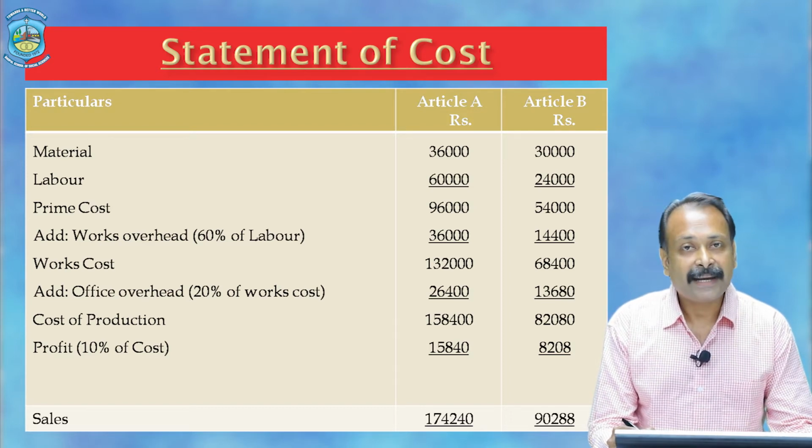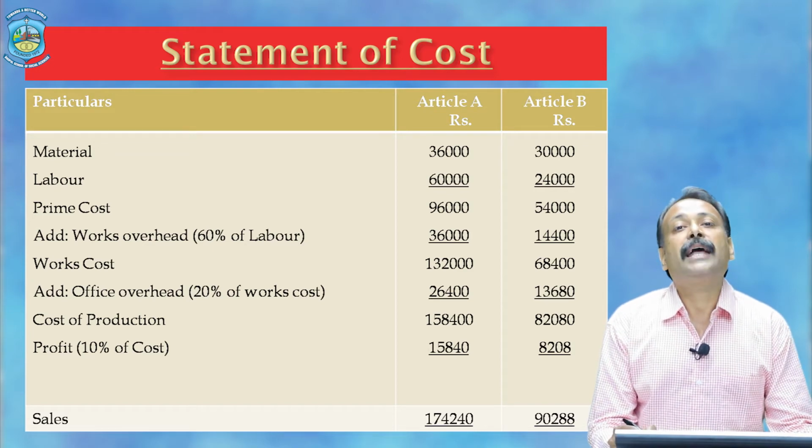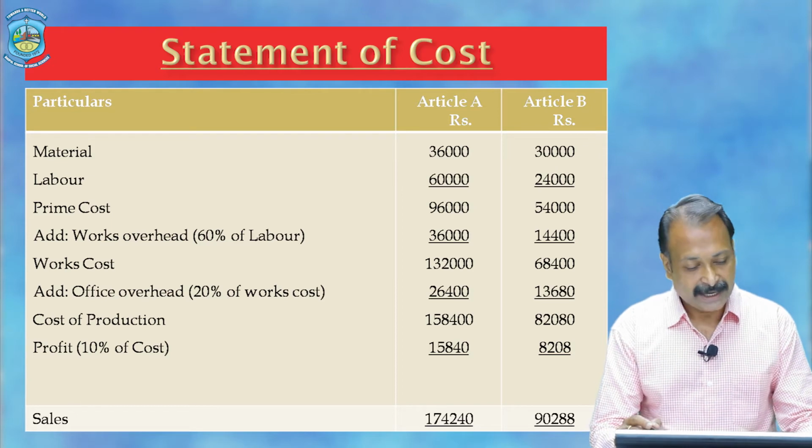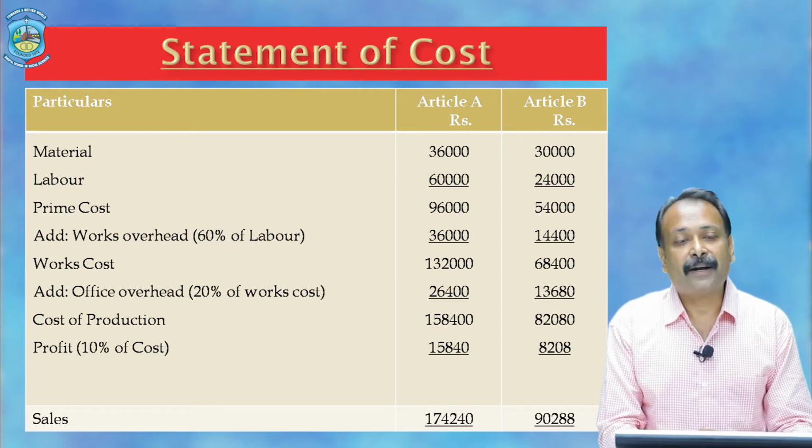Now after getting works cost, we have to add office expenses or office overhead or administrative expenses or administrative overhead, which in this question is 20% of works cost. So works cost is 1,32,000.